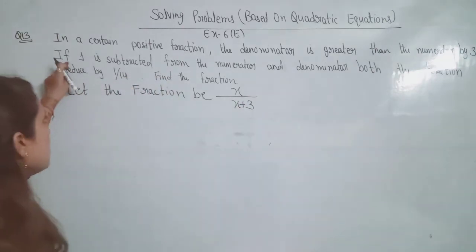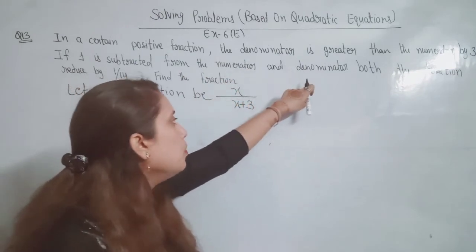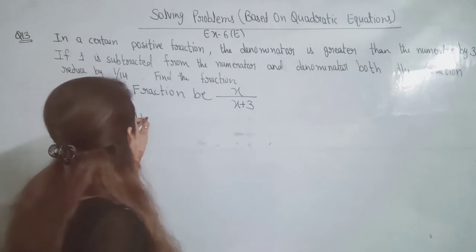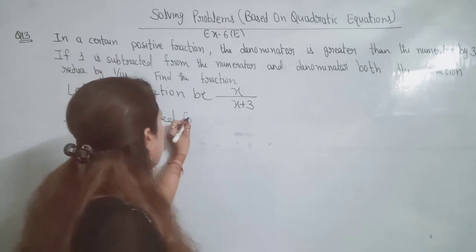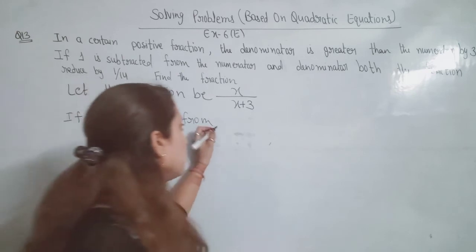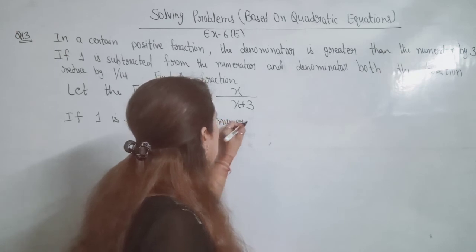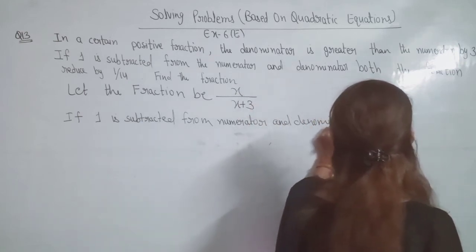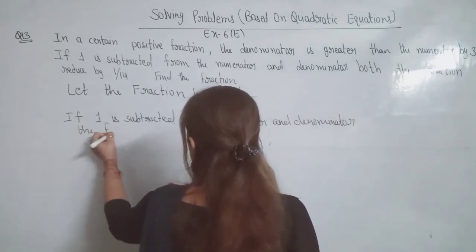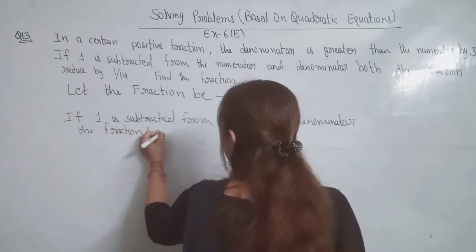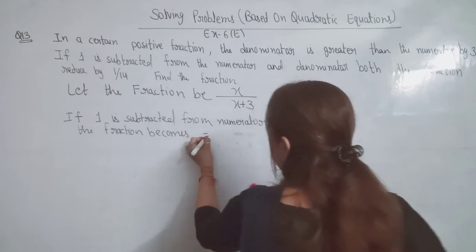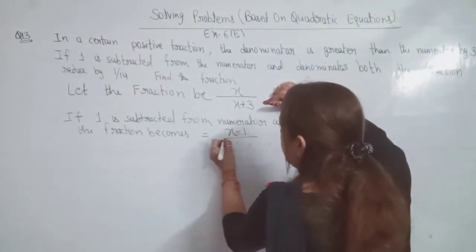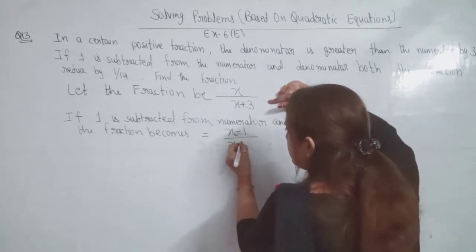Now the question says if 1 is subtracted from the numerator and denominator both, then the numerator will be x minus 1 and the denominator x plus 3 minus 1, x plus 2.